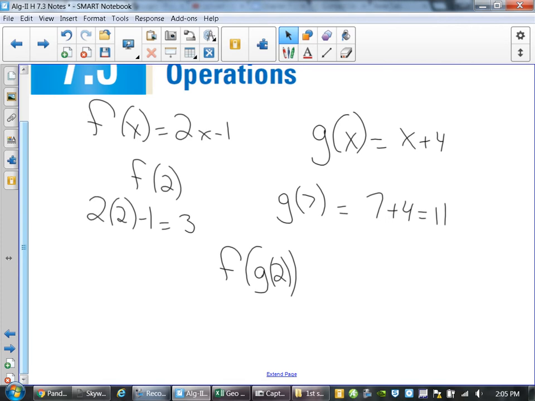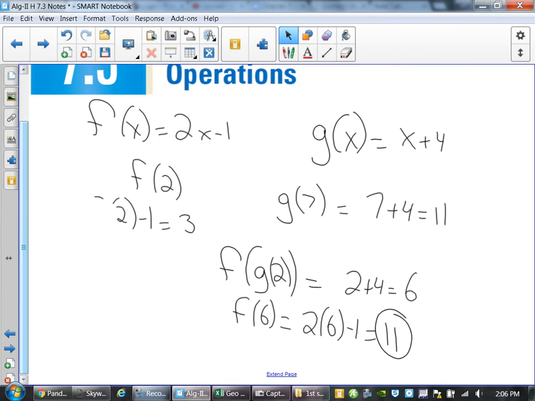Now it says g of 2. Well, that means you start at the g equation, you substitute in for 2. So you get 2 plus 4, 6. So g of 2 is 6, and then I take that and use it as f of 6, which is then 2 times 6 minus 1, which gives you 11.